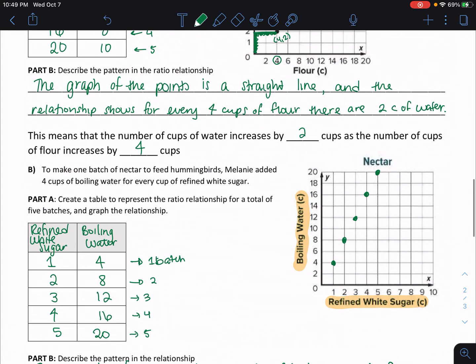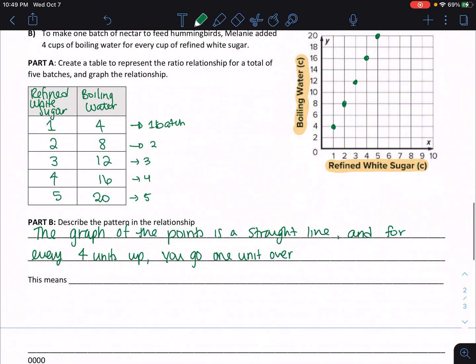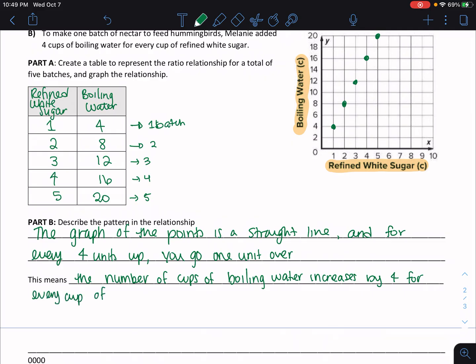So we're going to write this sentence right here. It says this means the number of cups of water increases by so much. So here we're going to say this means the number of cups of boiling water increases by 4 for every cup of refined white sugar.